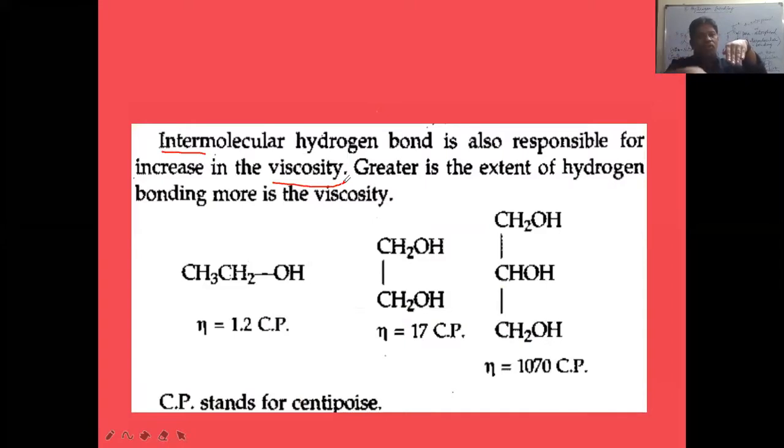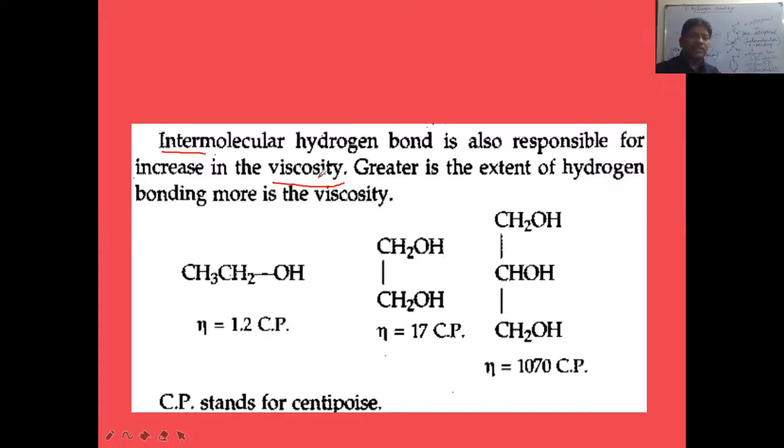The water flows down much faster. The honey moves slowly. Honey is a viscous liquid. It has more viscosity than water. Water is a mobile liquid, M-O-B-I-L-E. Mobile liquid means a fast-moving liquid. So viscosity will be less for a mobile liquid and high for a viscous liquid.